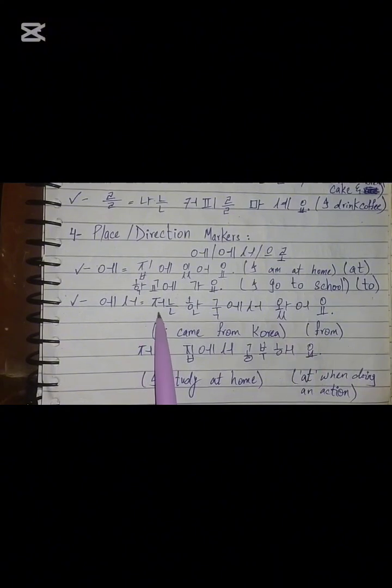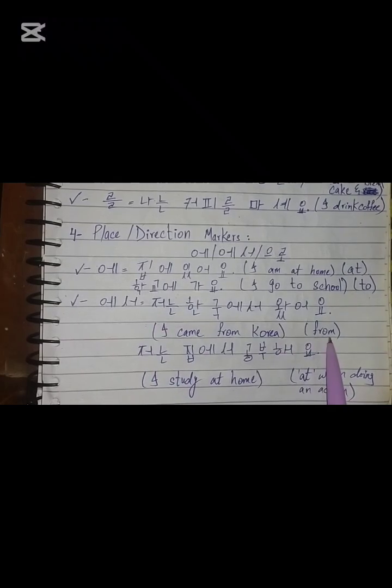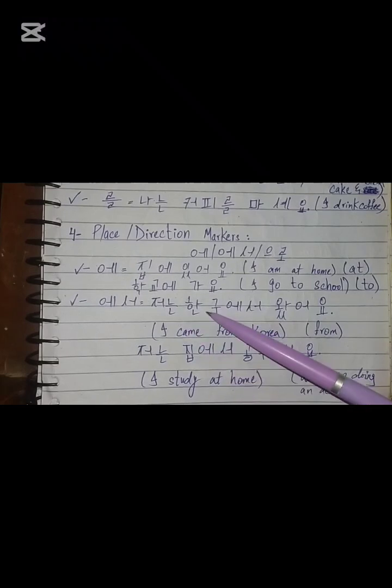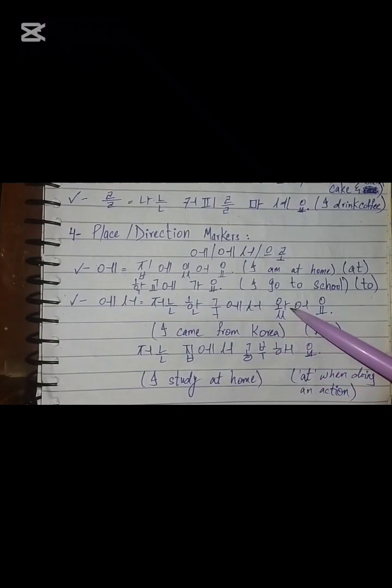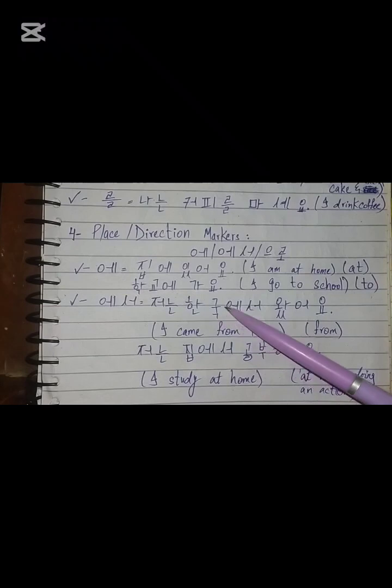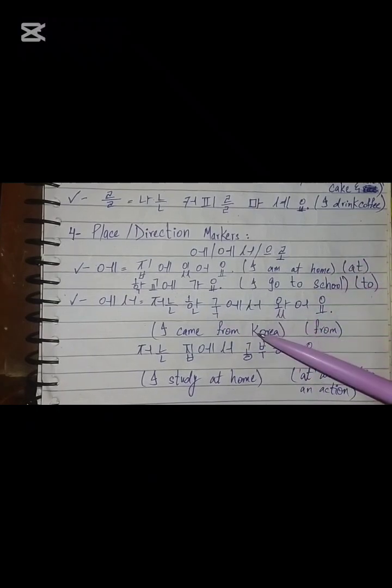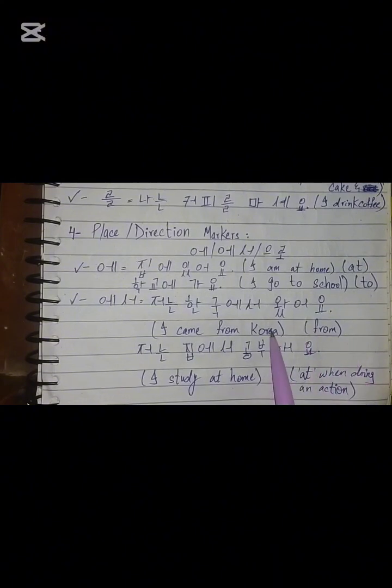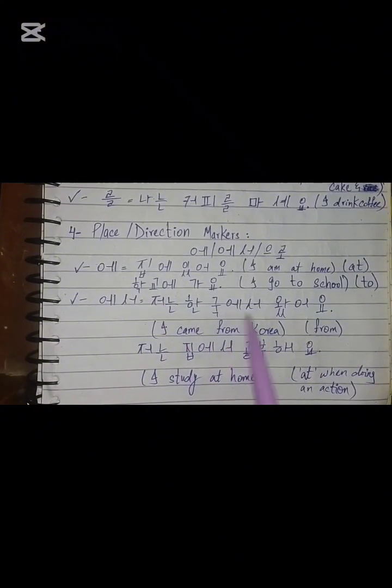So let's see over here, 에서 is also used for from, like I came from Korea. 저는 한국에서 왔어요. 한국 is Korea. We are using 에서 because we came from Korea. So whenever you use from, we use 에서. 저는 한국에서 왔어요.